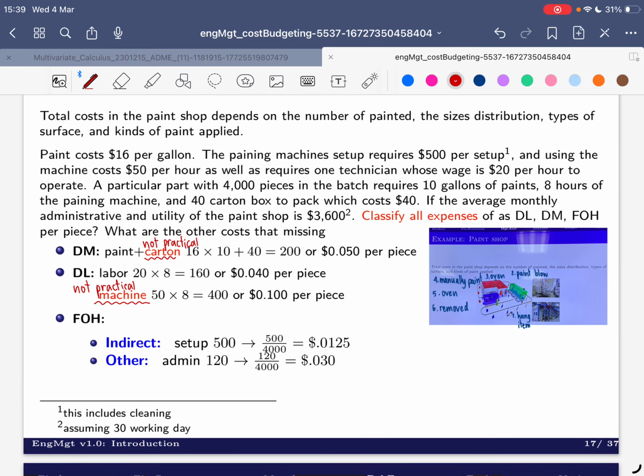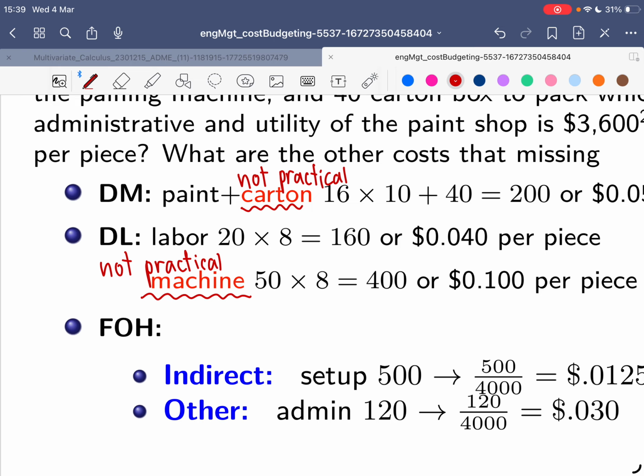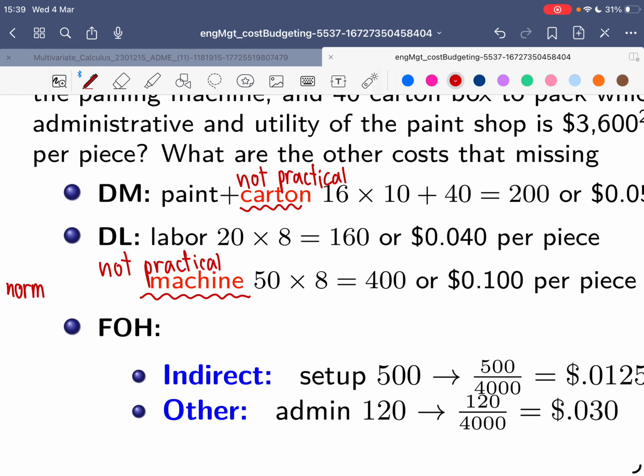In practice, we don't do it. But for this situation, you can do it. Assume that you have perfect information. Then you have, for the technician, 0.4 dollar per piece, and for the machine, 0.1.